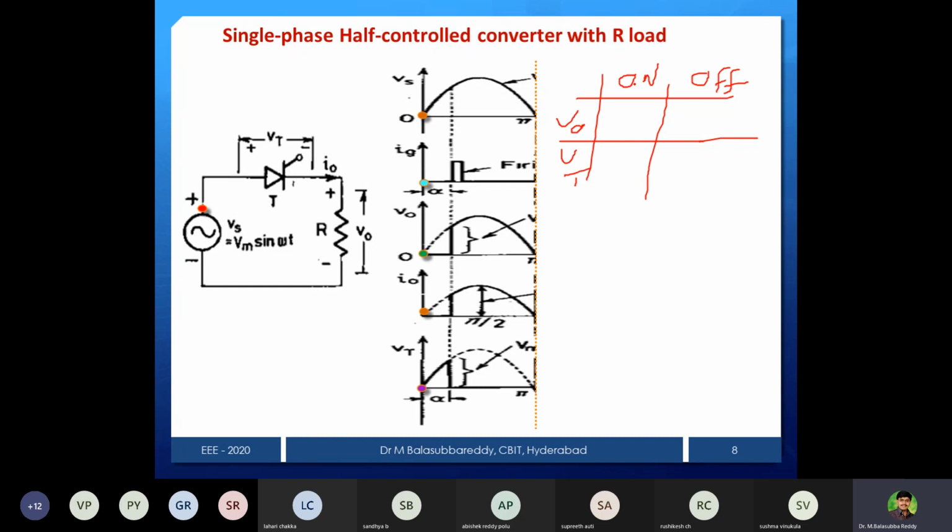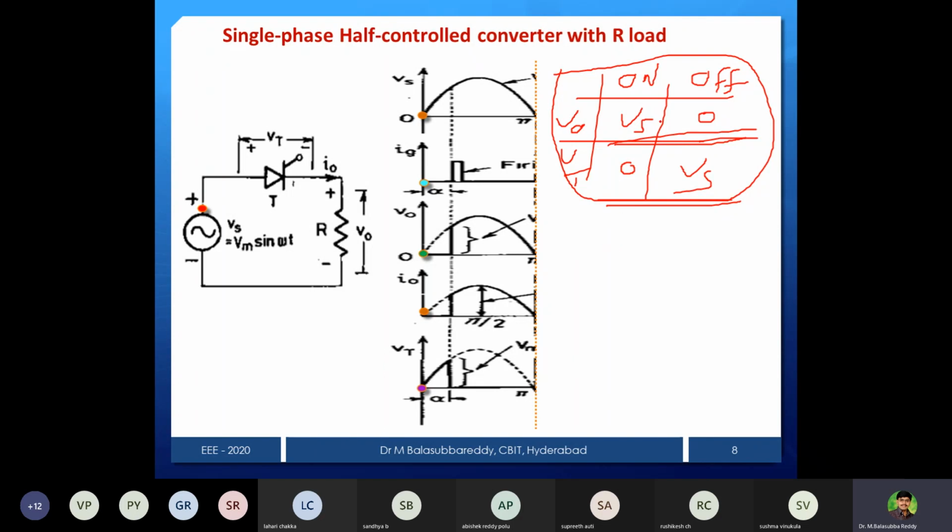So when the device is on, the output voltage will be the same as the source. When the device is off, the output voltage will be 0. And when the device is on, the voltage across the device is 0, and when off it will be the source voltage. So if you remember this very small table, Vs, 0 and 0, Vs: the first one is the output voltage, the second one is the voltage across the device.